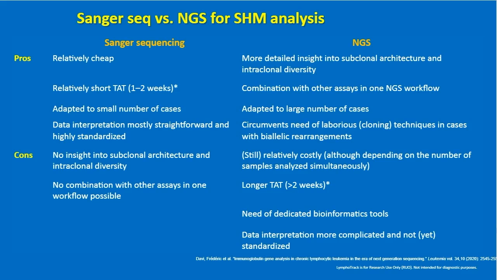We can definitely get NGS completed within a week or so, and we have been accomplishing that for a while now. Data interpretation is still a little bit tricky, but it's getting much better with newly available software and other tools, so results can be interpreted much more easily.